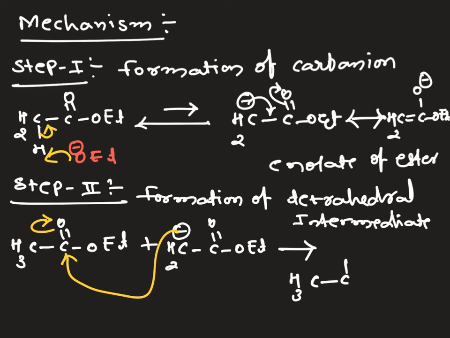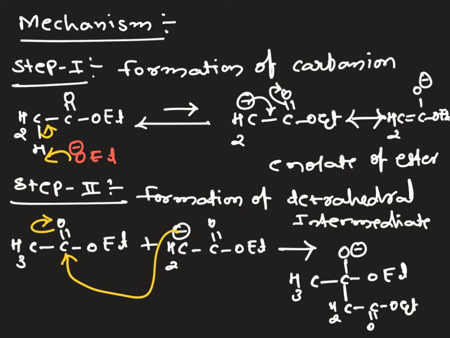Once the nucleophile attacks the carbonyl carbon and this carbon-oxygen pi bond polarizes to the oxygen, you will get a negative charge on the oxygen, and the nucleophile attacks in this fashion, and we have OEt. Now this carbon is an sp3 hybridized carbon.